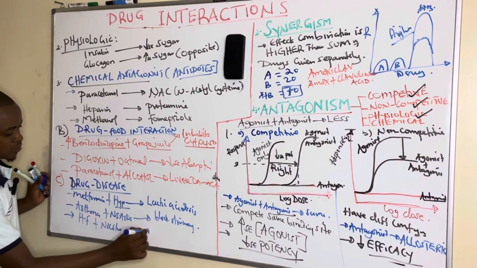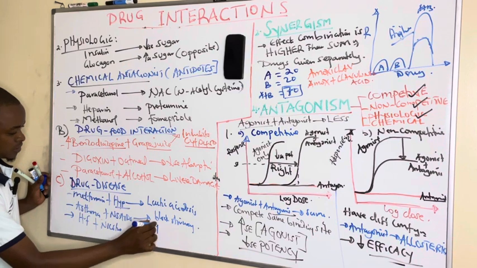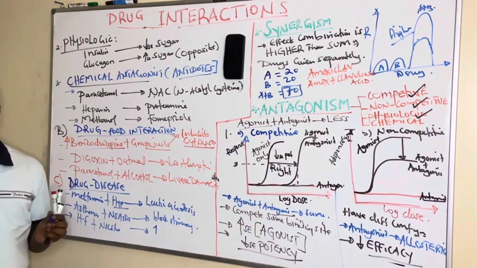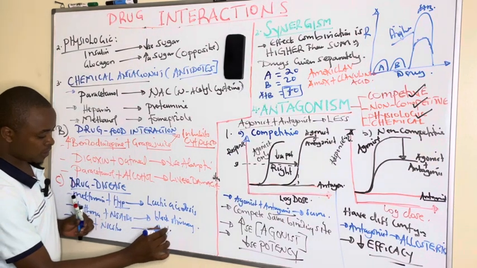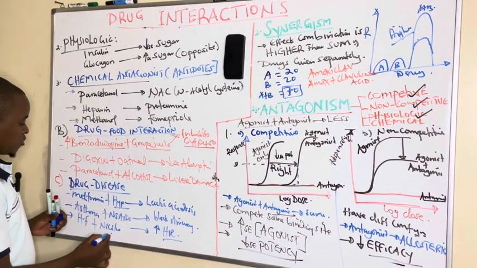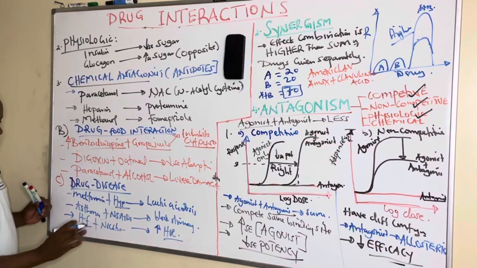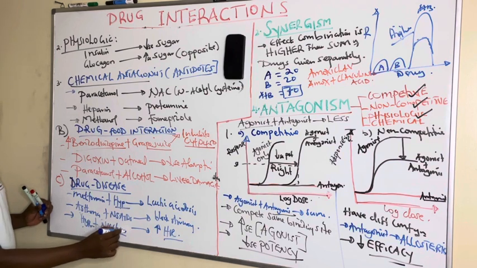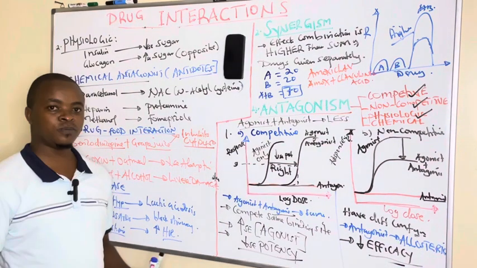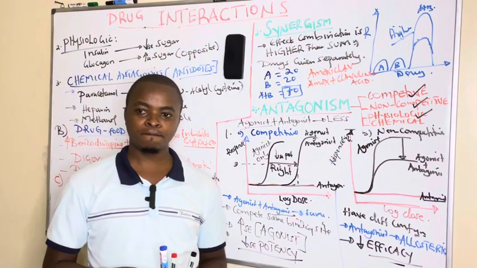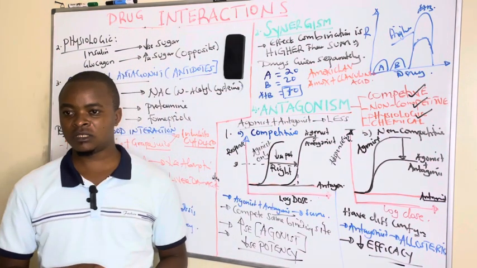This can increase heart rate, which can worsen the condition in people with heart failure, majorly those who are hypertensive and are combined with nicotine. So these are some of the drug-disease interactions which are contraindicated when someone has a disease condition.